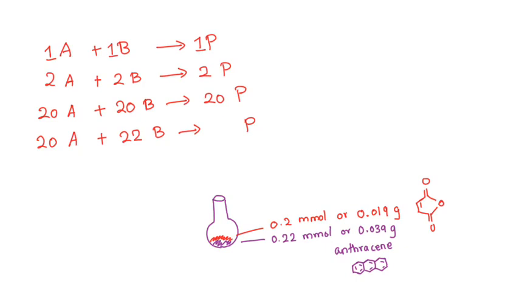Because you don't have enough B molecules to react. You only have twenty molecules of A to react to get the product, because it's a 1-to-1 ratio. You need a 1-to-1 ratio of A and B to get one molecule of P. So what happens to the remaining two molecules of B? They would be unreacted. So this is the product, and this is the unreacted reactant.